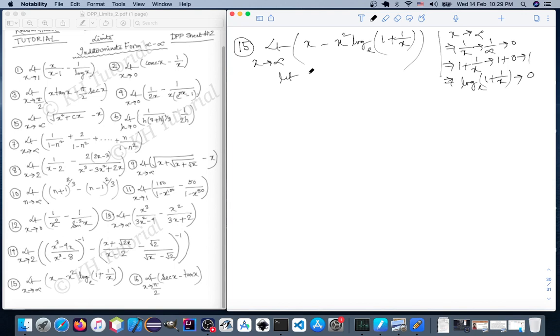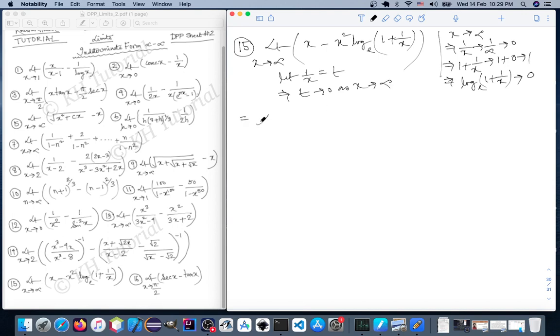Let 1 by x equal t. So we are actually transforming the limiting variable from tending to infinity to tending to 0. This implies t tends to 0 as x tends to infinity.